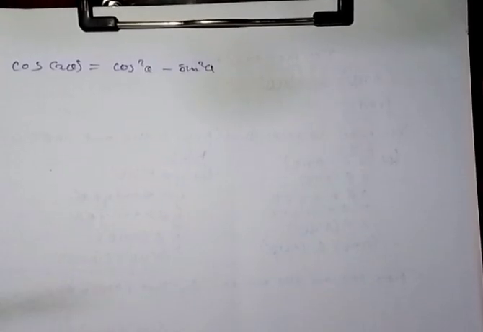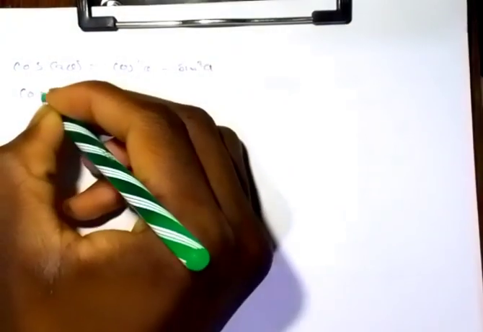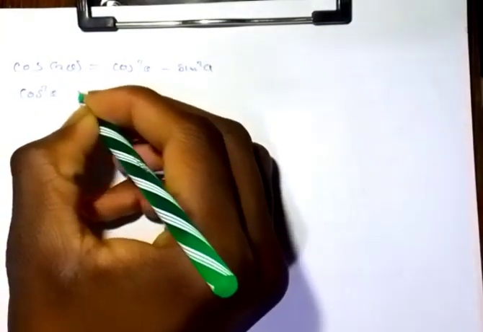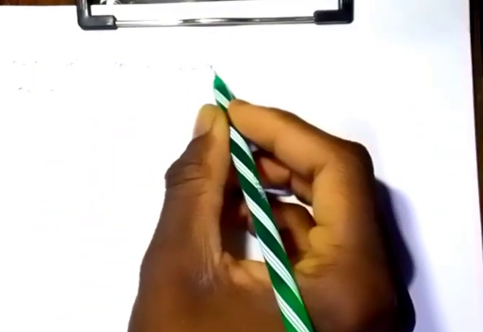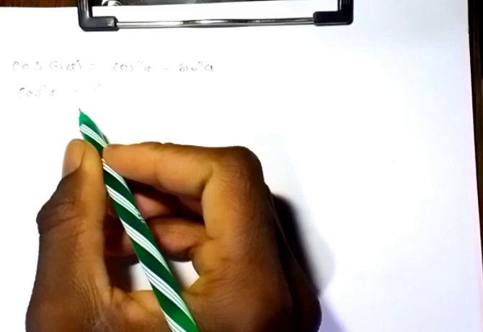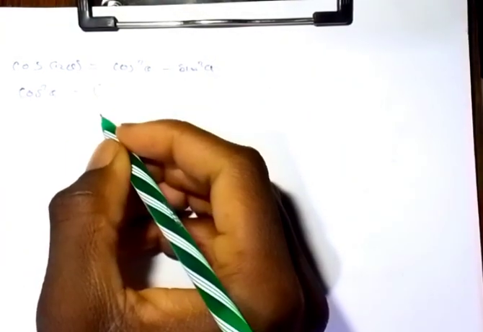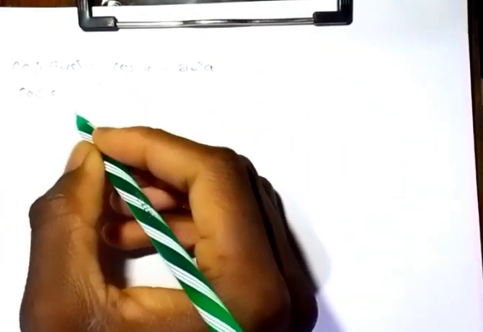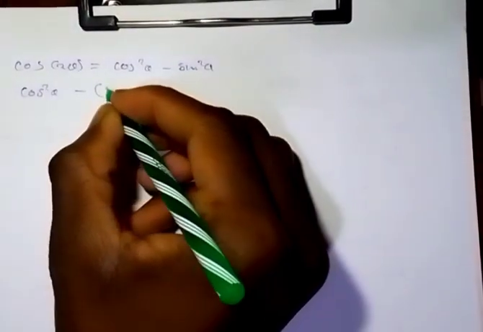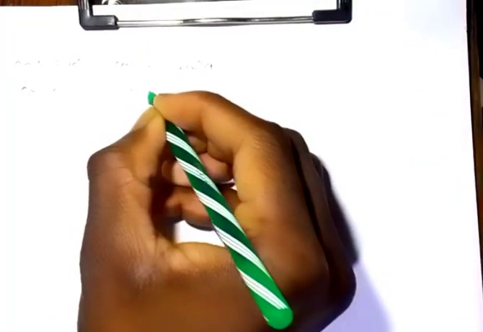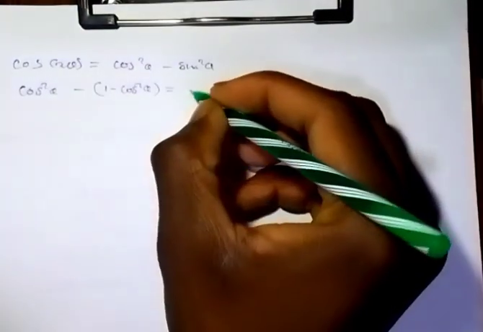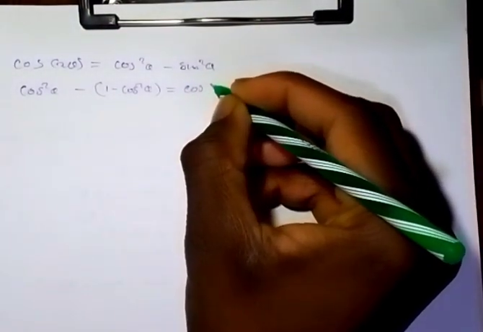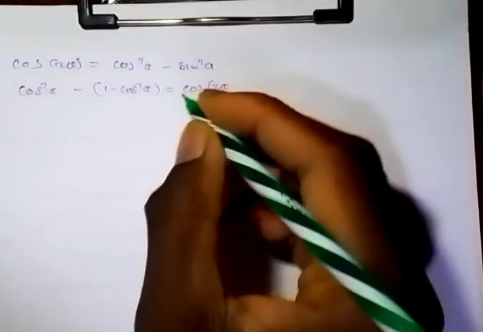So we are going to say cos square theta minus, so I'm just replacing sine square theta with 1 minus cos square theta. I've started from this side, so that would be 1 minus cos square theta, and this would be equal to cos 2 theta.